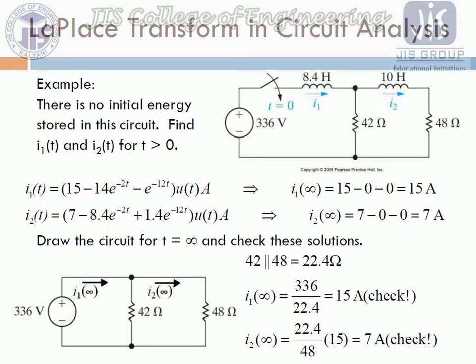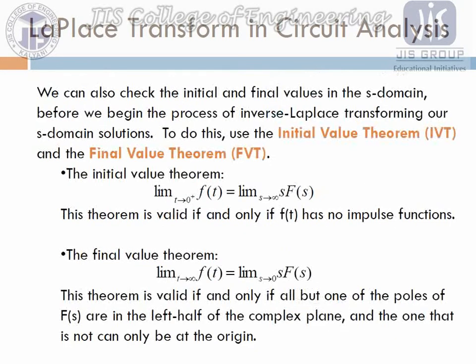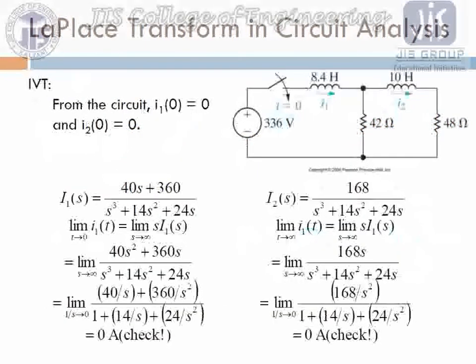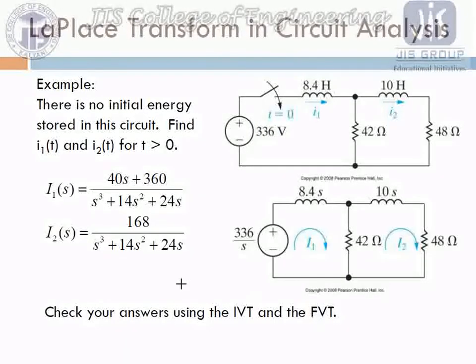Now, whatever initial and final value theorem we have seen, we will apply that initial value theorem and final value theorem for both the currents, and we will check whether the result is the same or not. Okay, so let's see what happened. This is our actual equation in the Laplace domain, the S domain.